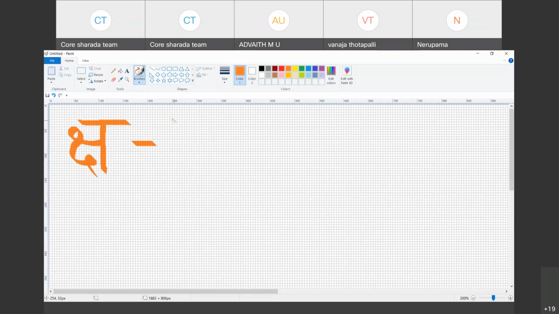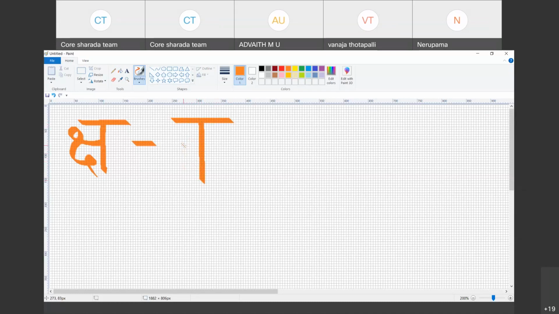Okay. So for Ksha, you will draw this Shirorekha first. Then a straight line here. Keep this line a little longer, because in this letter we're going to draw something else here. So keep this line longer. You should have enough space to draw this letter.